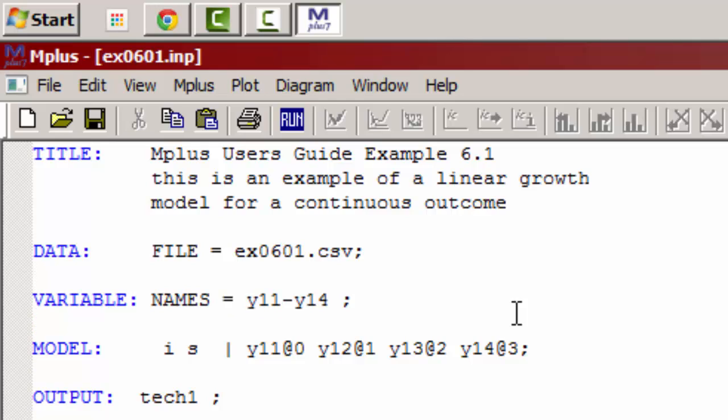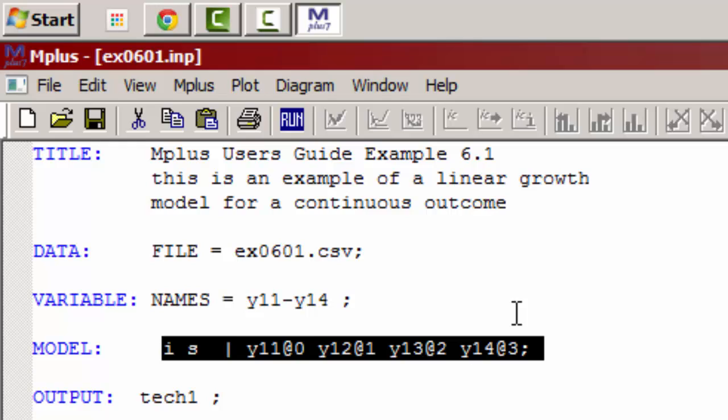The next command is the model command. This is where we tell Mplus information about the model that we would like to estimate. This command has a linear growth curve model specified, and it's using so-called shorthand notation. We know it's a shorthand notation because of this vertical bar here, an OR sign, or a pipe, whatever you'd like to call it.